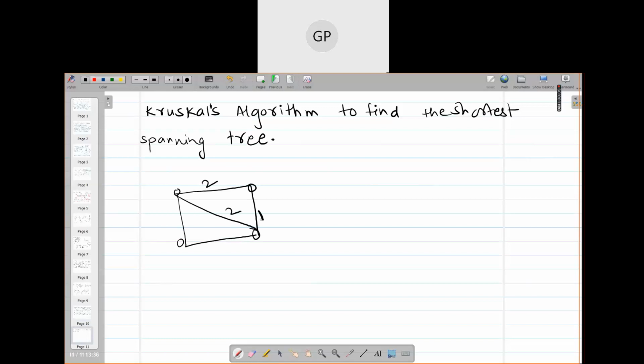2, 1, 1, 2. How many vertices are there in G? 4. So how many edges should I have in the spanning tree?